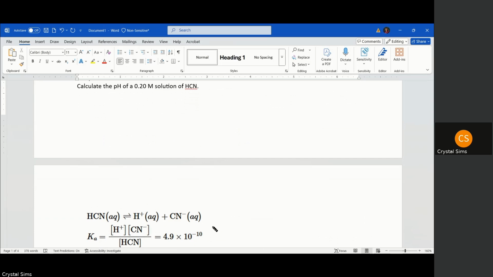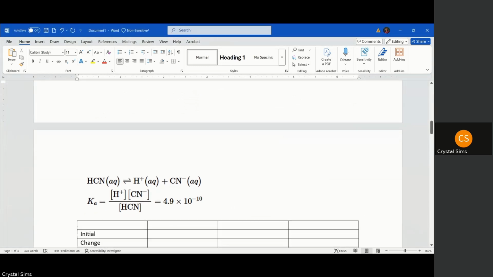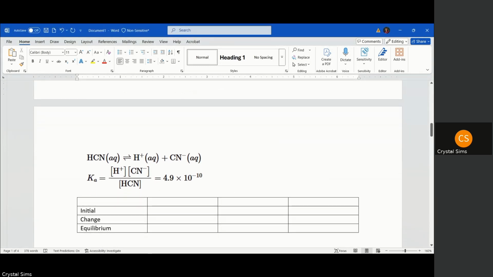Okay, and that is equal to 4.9 times 10 to the negative 10, and we're going to use that information plus the molarity of the solution to give us pH. Okay, so let's get to our ice table. We're not going to be able to get away from these. So let me plug in the parts of my equation here.